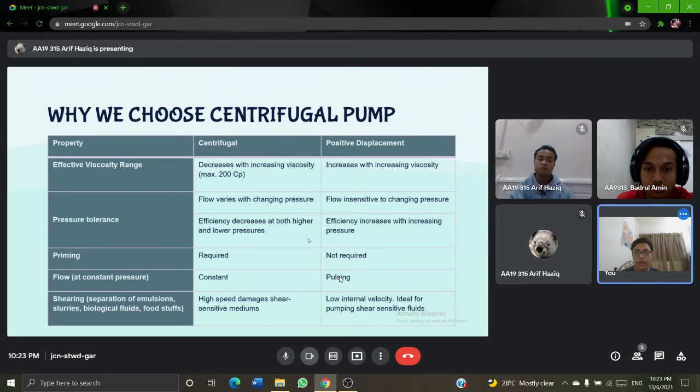For the priming, centrifugal requires priming and it is not required for positive displacement. And for flow at constant pressure, centrifugal shows constant flow and pulsing for positive displacement.